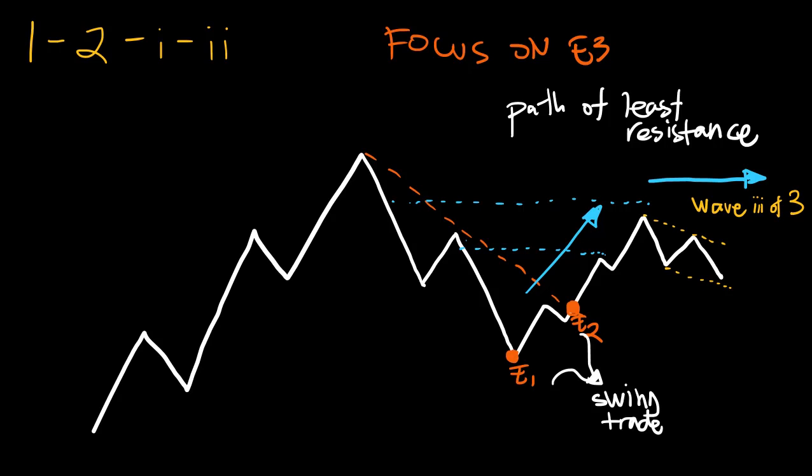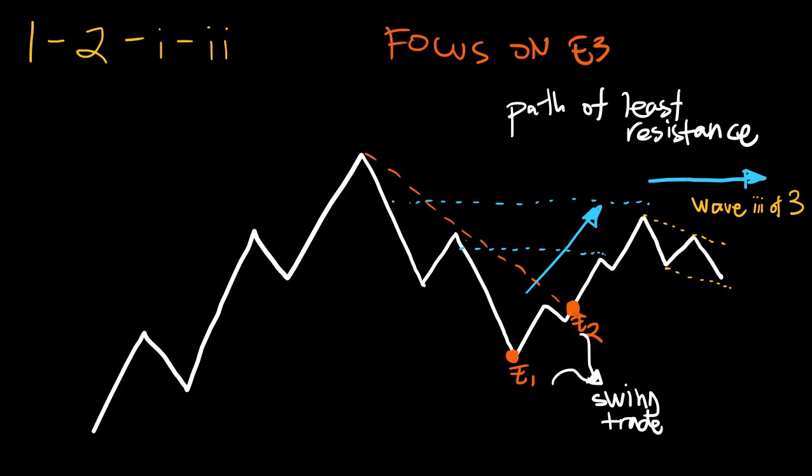Note that the only special thing about this E3 pullback is that we are inside a wave 3. But when it comes to the price structure, it just looks like any other DCS formation.